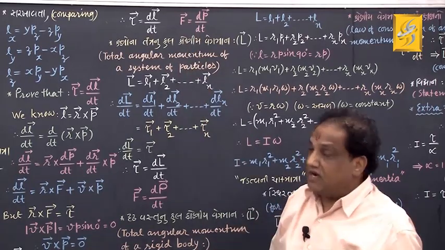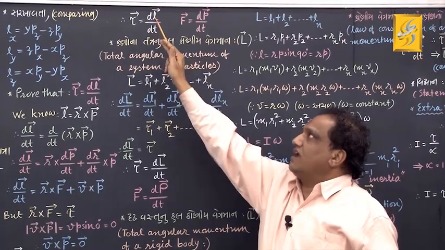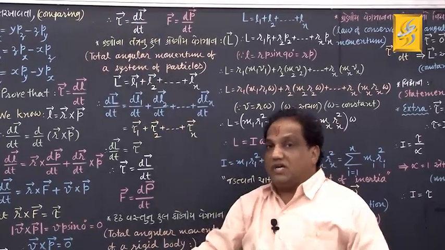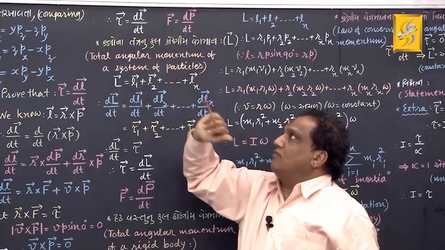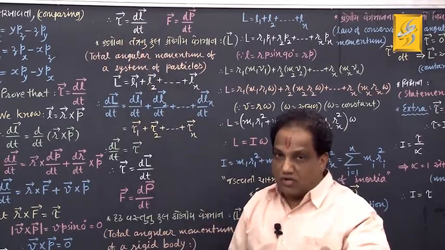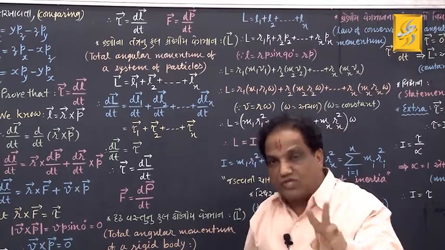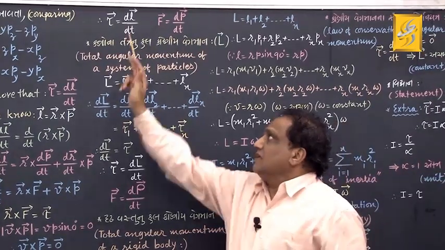How would you give a statement from this result? Time rate of change of angular momentum of a single particle is always equal to the resultant torque acting on it, and the direction of change in angular momentum of that particle is always in the direction of the resultant torque. This statement is very similar to Newton's second law of motion for linear motion. Correct? I repeat.